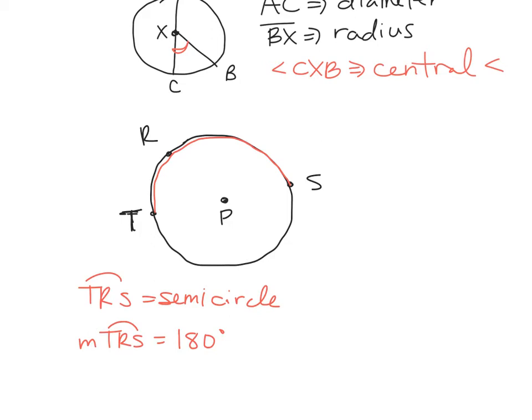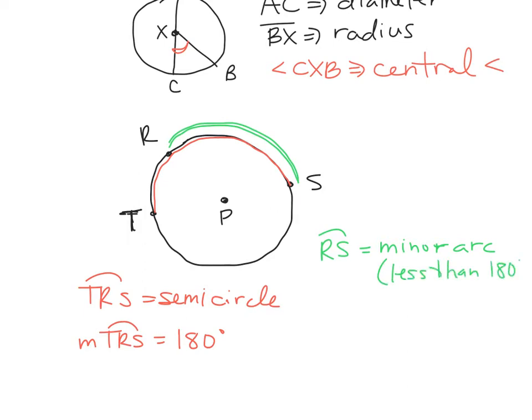Then if we look at just arc RS, okay, arc RS, we call a minor arc because it's less than a semicircle. So a minor arc is going to be less than 180 degrees. Okay.